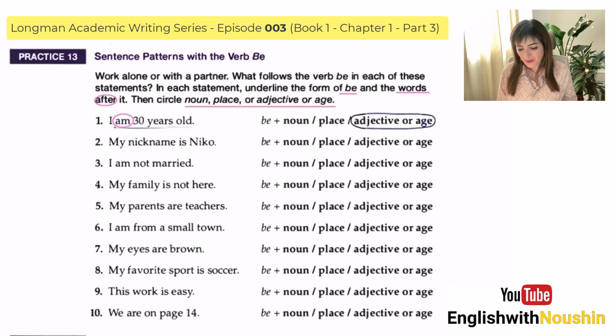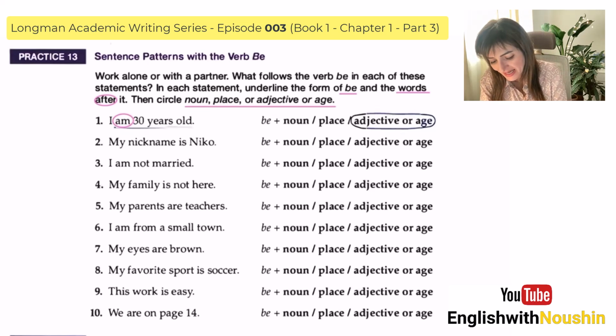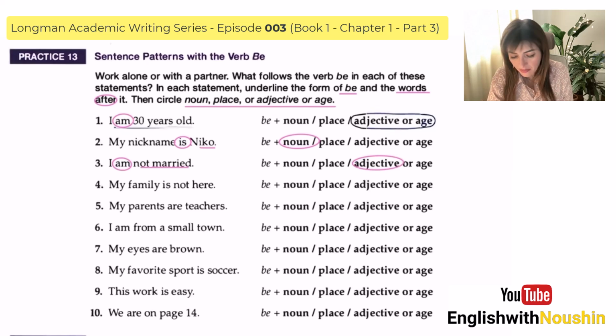Okay, so my nickname is Niku. So Niku is a noun. I am not married. Am and not married. Not married is an adjective. My family is not here.